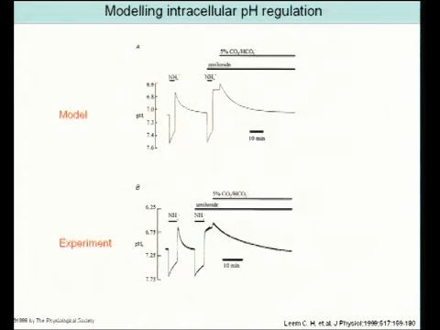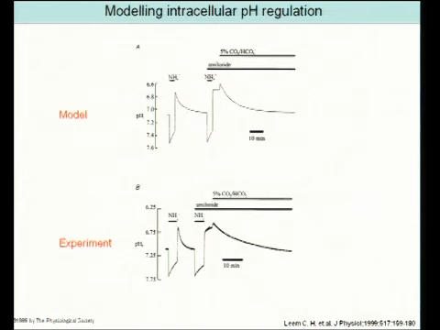Now, we've worked on this for a number of years, and we determined the pH-sensitive kinetic characteristics of all the transporters that contribute to pH regulation in cells, and putting them together in a computational model produces the transients that we've just been looking at in the previous experiment.